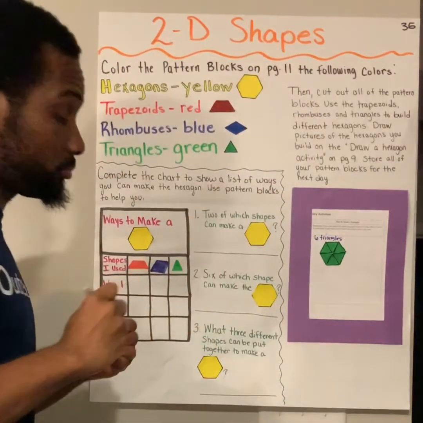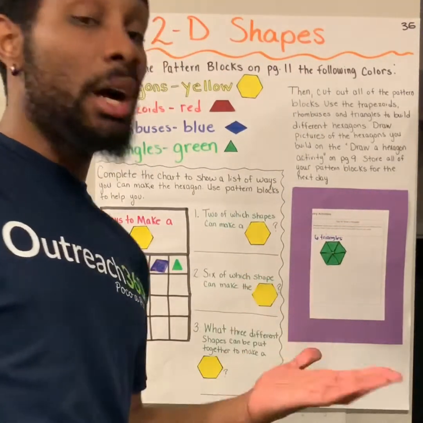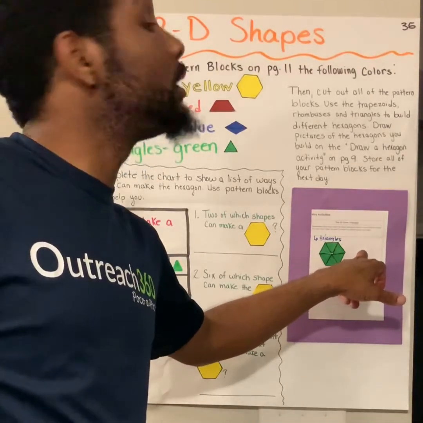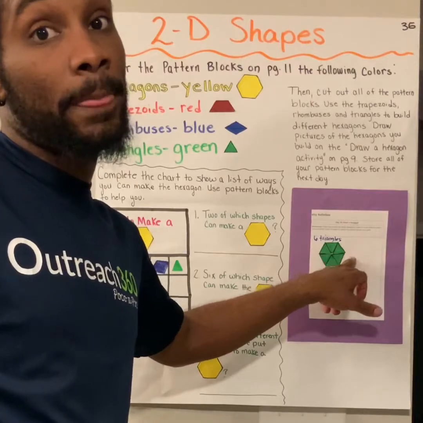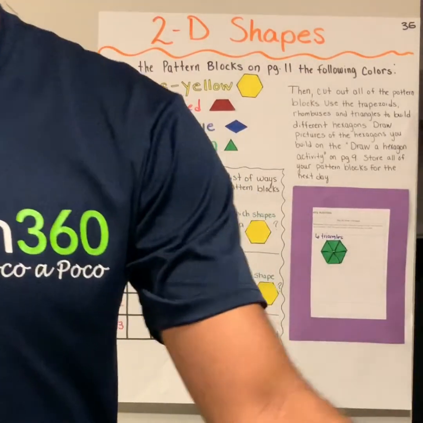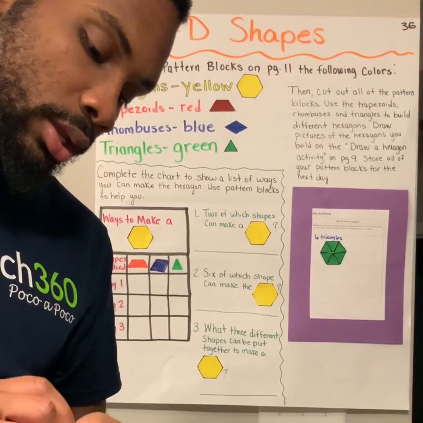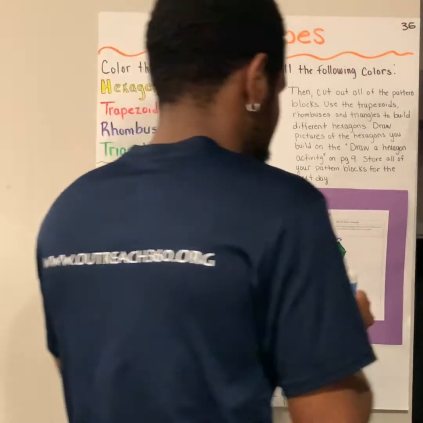Okay? Now, the video we watched told us that 2 shapes will make a heptagon too. So I'm going to do that one as well. And then you're going to try and figure out the last one.